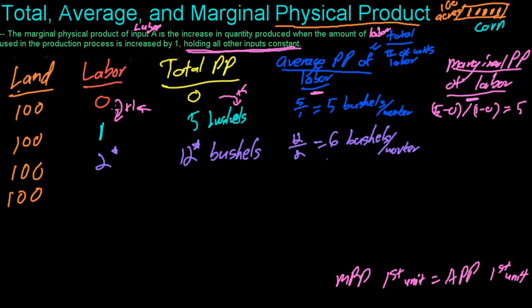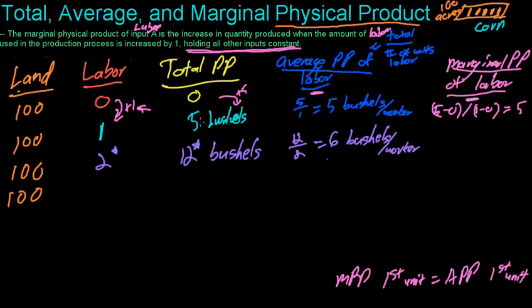In the marginal product case, we're dividing by 1 because we increased labor by 1 unit, and in the average physical product of labor case, we're dividing by 1 because we only have 1 unit of labor. So I hope that that's clear. If it's not, pause and rewind and listen to it again, and you'll see why, and once you see why, you never forget.